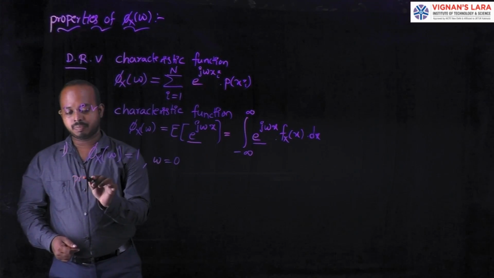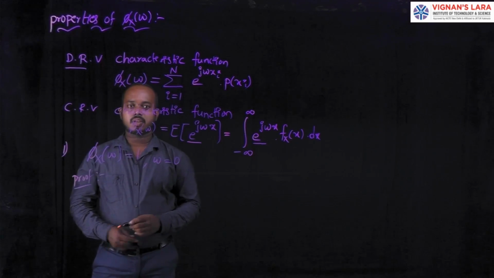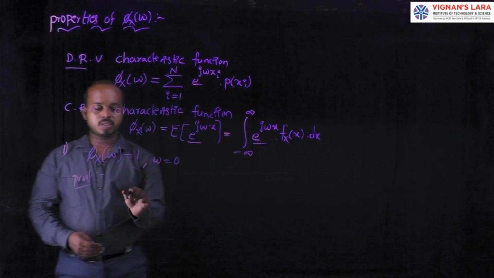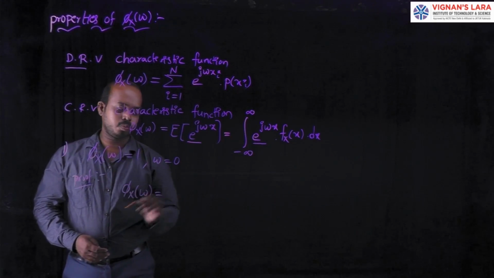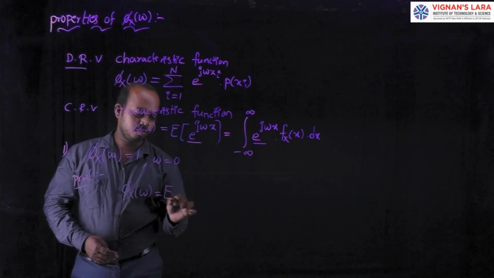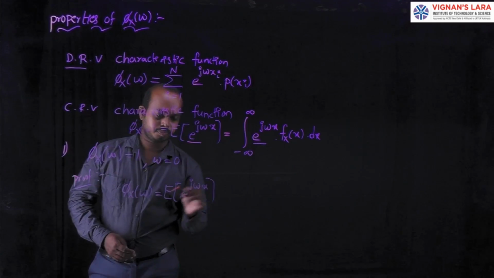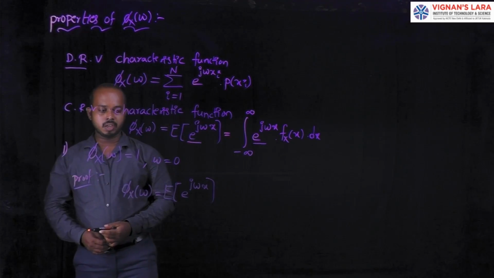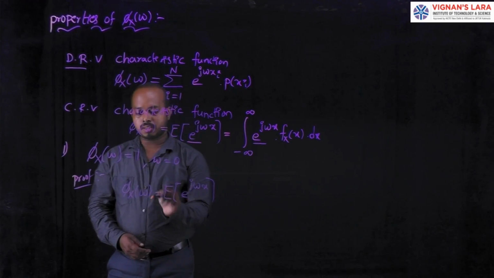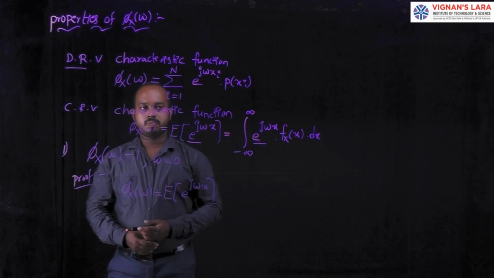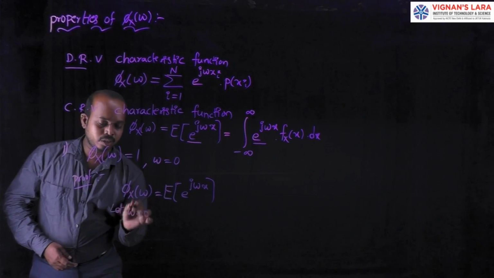You can consider the basic definition of the characteristic function. That's why here I consider Φx(ω) is equal to the expectation of e^(jωx). In this definition, you can replace the ω quantity with 0. Just keep the ω value 0 in the above equation.